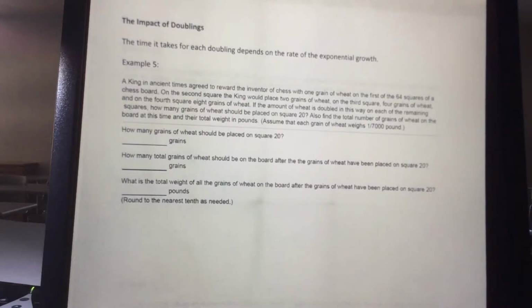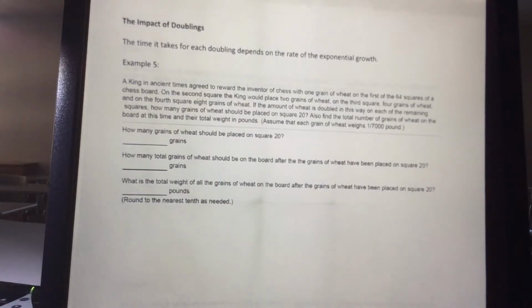On the third square, 4 grains of wheat. And on the fourth square, 8 grains of wheat. If the amount of wheat is doubled in this way on each of the remaining squares, how many grains of wheat should be placed on square 20? Also find the total number of grains of wheat on the board at this time and their total weight in pounds. We're going to assume that each grain of wheat weighs 1/7,000 of a pound.